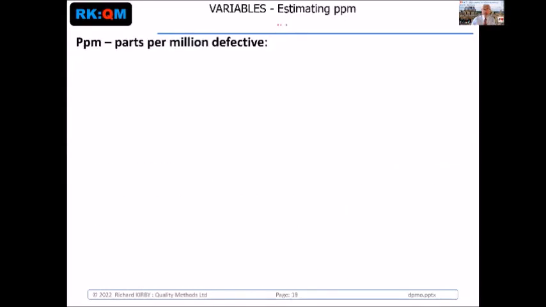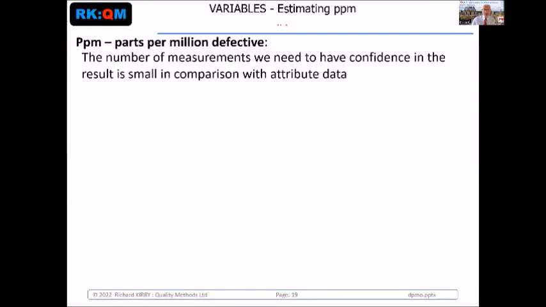First, let's estimate the ppm when using variable data. This is when we measure something and the result will be somewhere on a scale. Often, the challenge is having gauge systems that are sufficiently accurate and precise, not the number of samples.